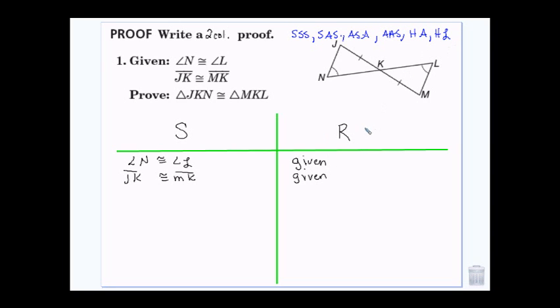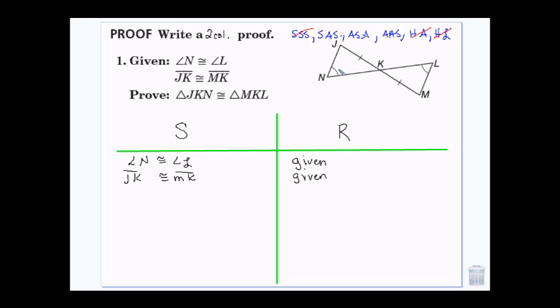Now, which of these can we eliminate immediately? We can eliminate the hypotenuse ones because this is not a right triangle. Now, I have an angle, so I can also eliminate the one with no angles. So now I'm left with side, angle, angle, or angle, angle, side.